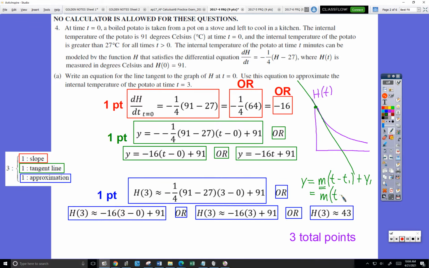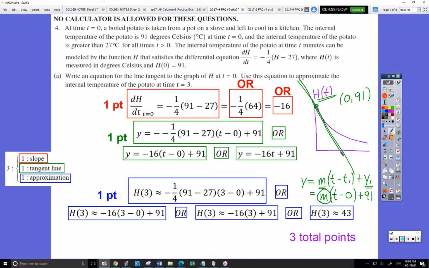The time here is 0, and the first y value is 91. That's what they told me right here on the graph of h. At time 0, the value is 91. So now you just need to go find the slope of that green line.